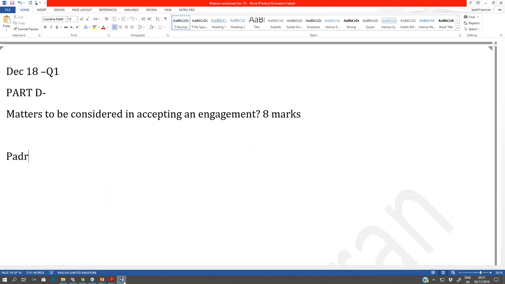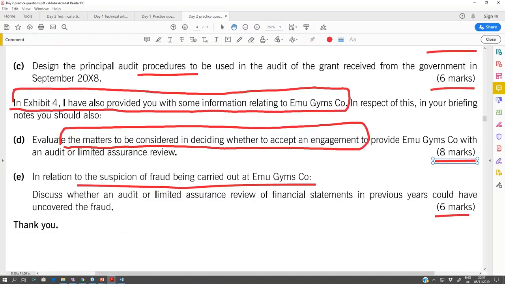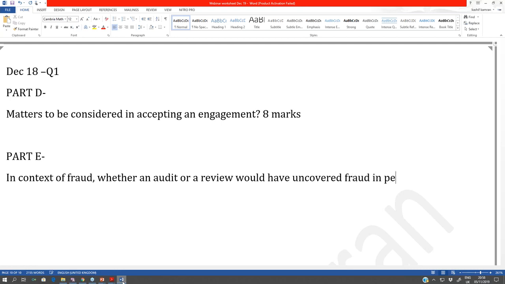Then in part E, in the context of fraud, you need to discuss whether an audit or a review in the previous year would have uncovered fraud.